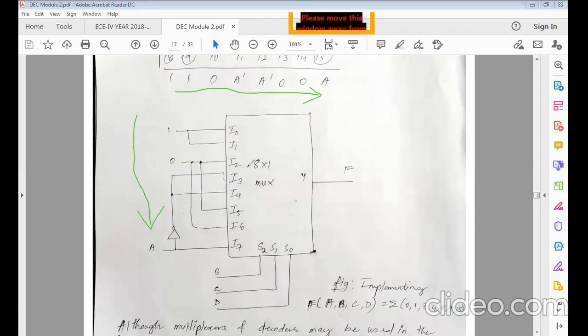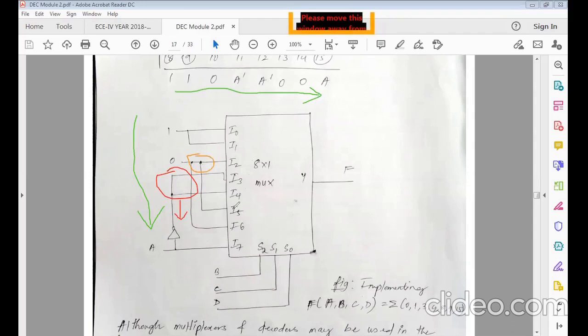So I3 is done. Similarly, I4 is also connected because these two are connected to my inverter, right? And similarly, I5, I6, these are connected to 0, to this point, right?